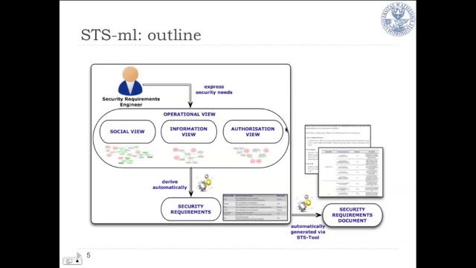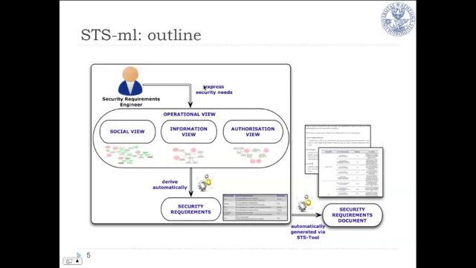And finally, the authorizations view, in which we represent all the permissions and rights that actors grant to other parties they interact with on what they can perform over the information. The whole model is represented in the operational view, which is the set of all these three views together.